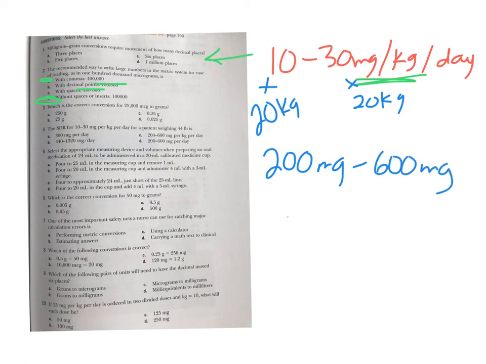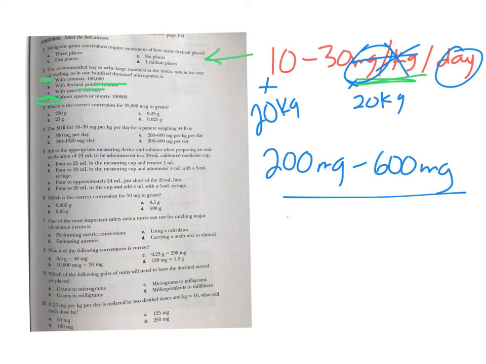So safely, my patient can take 200 to 600 milligrams per day, not per kilogram per day. We eliminated the per kilogram when we multiplied that weight. So now it's just milligrams per day. That's how we can see what my patient can safely take. So that would be letter D on that one.